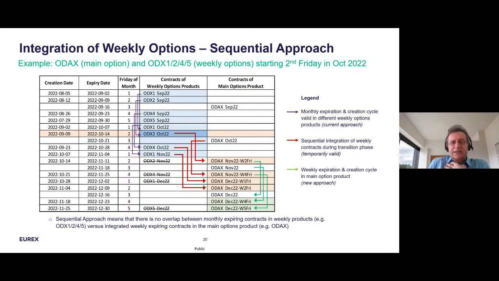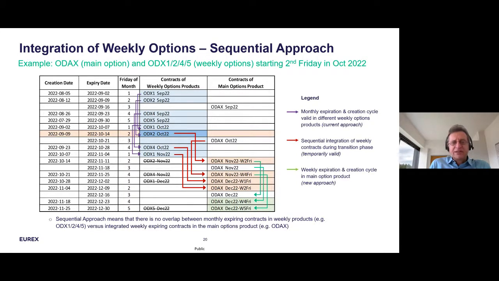That means that ODX1, as an example, in September 22 contains all first Friday expiring options expiring in September. And when these options are expiring, then the next first Friday options in October will be created. This is because we can only support 1 expiration per month, and therefore we are focusing here on the first Friday with ODX1.